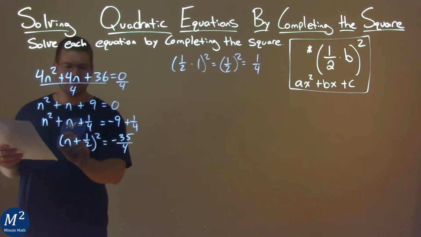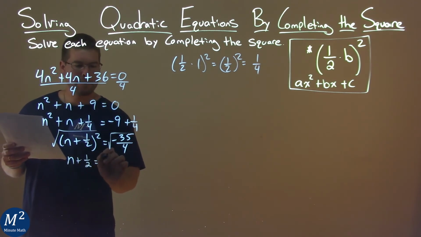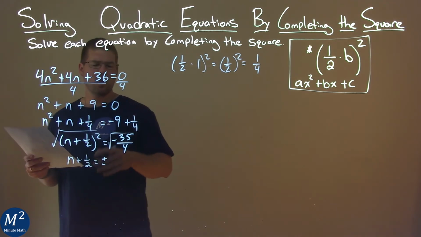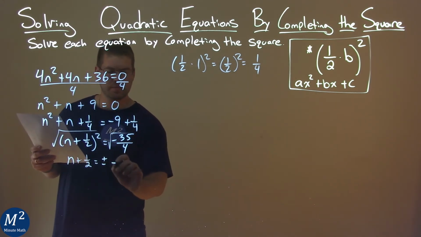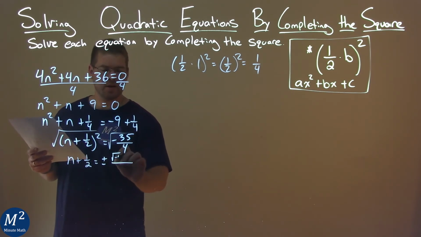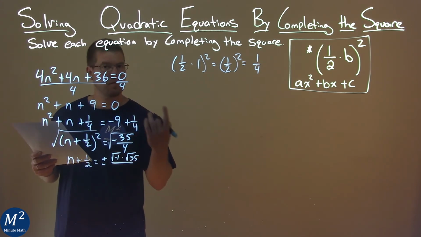We take the square root of both sides, and we have n plus 1/2 is equal to plus or minus, and square roots of fractions, we can do the numerator and denominator individually. The numerator, square root of negative 35, is the same thing as the square root of negative 1 times the square root of 35. The denominator, square root of 4, is 2.